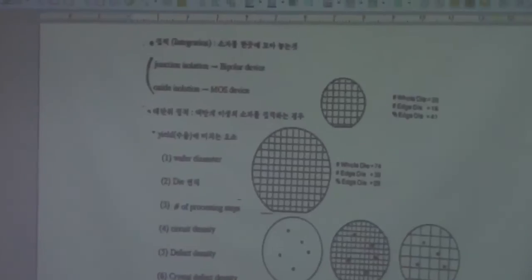And today is the first class, and we're going to talk about the review and the electrical properties in equilibrium in semiconductors. All right.